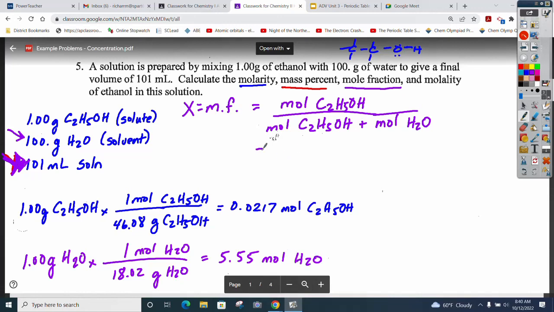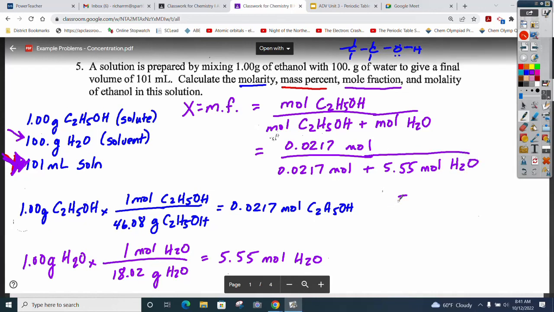Now I'm ready to go back up here and plug in moles of my ethanol, which I've already calculated for a previous part of the problem. So it's going to be the 0.0217 moles divided by 0.0217 plus the 5.55 moles of water.